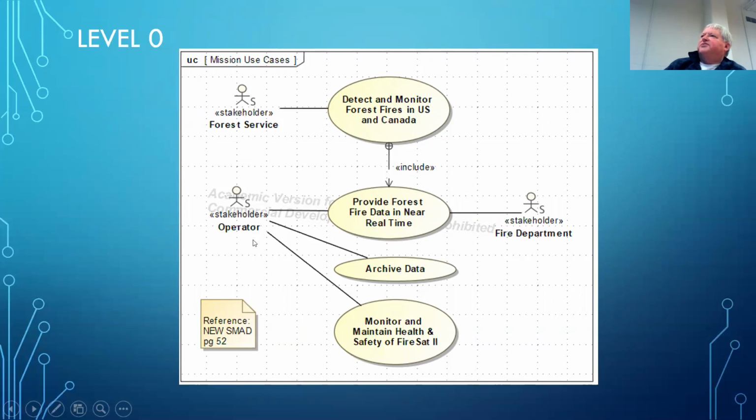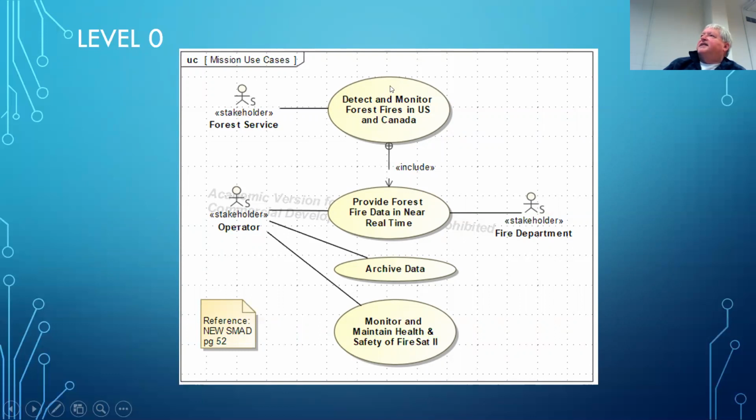Here's a stakeholder, or an operator, so it could be the user, but these are just stereotyped. You don't have to have this stereotype on there if you don't want to. So here is the primary user, and this is really the primary use case, provide forest fire alerts in near real time, okay? And then obviously the forest, right, so this is containment here. So this is what this sign says, and it says include.